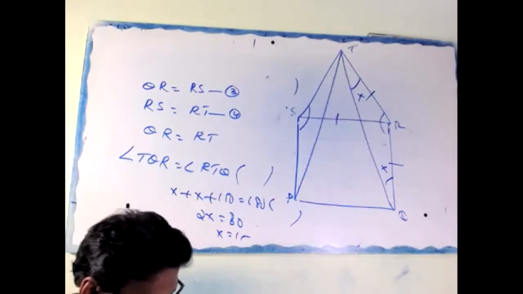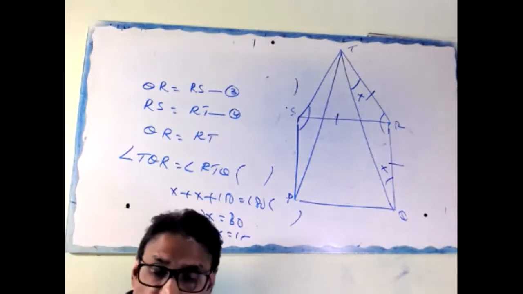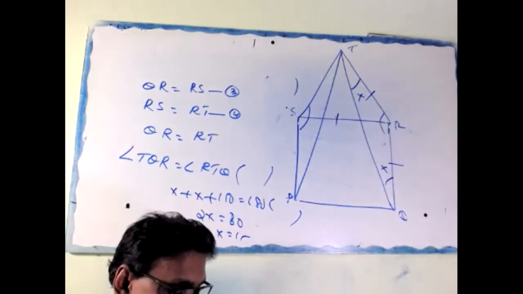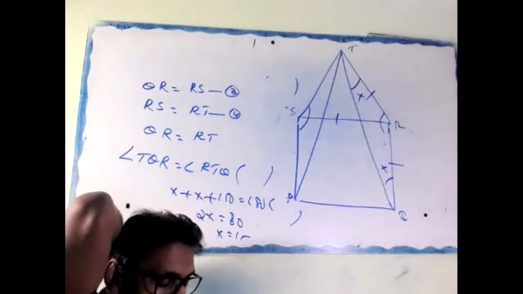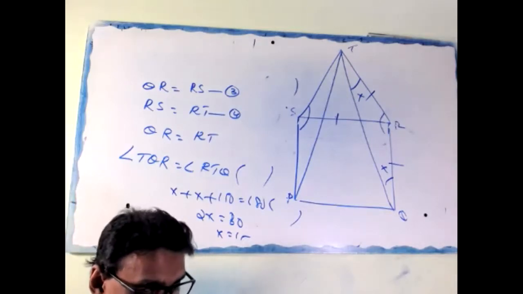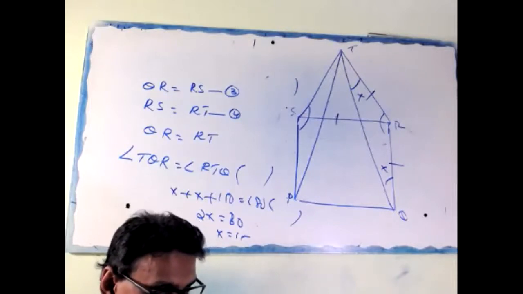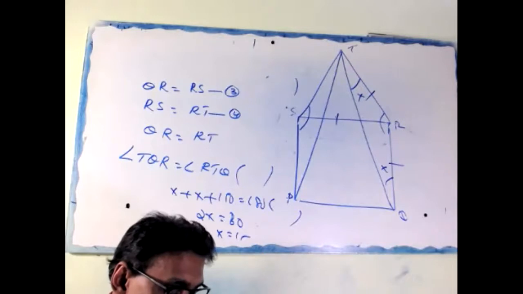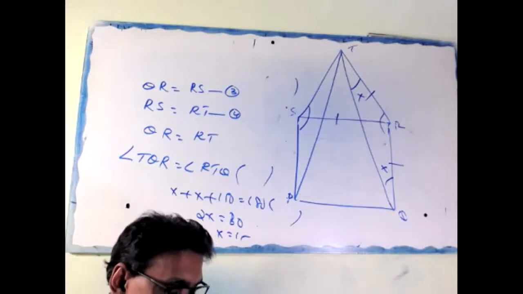Okay, next one, right? Next question. Two sides AB, BC, and median AM of one triangle ABC are respectively equal to sides PQ, QR, and median PN of triangle PQR.